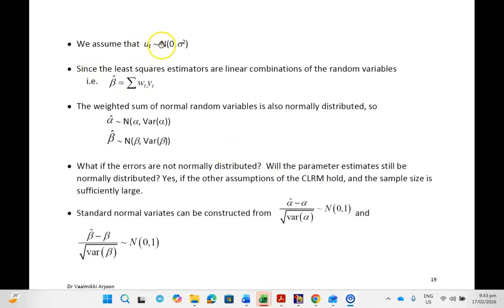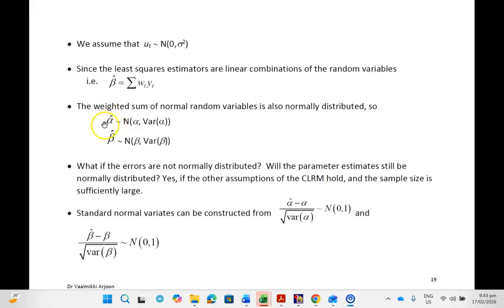So we are assuming that the error term is normally distributed with a mean of 0 and a variance of sigma squared, and this variance is constant. Now, since the least squares estimators are linear combinations of the random variable, that is, the estimator of beta, beta hat, is the sum of Wt times Yt, then the weighted sum of random variables is also normally distributed.